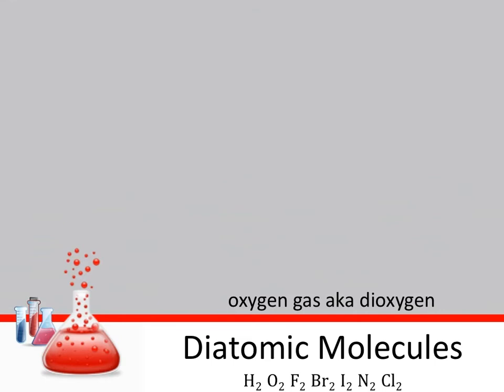If one of your equations just says nitrogen, it'd be N2 because that is the only way we see nitrogen in nature, unless it's bonded to something else. All right, so we got oxygen gas. Well, oxygen gas is a diatomic molecule, which means it's going to be O2. There we go.